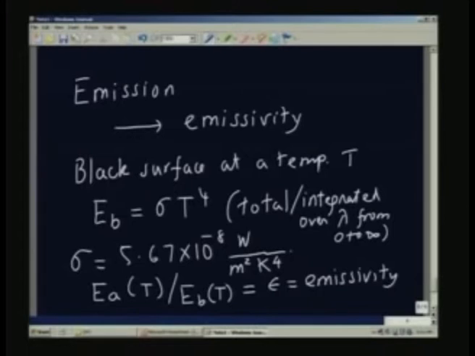Of course, now this definition can be particularized to a particular wavelength also. So, what I have to do is find out how much energy or power is radiated from the actual surface in a small wavelength region and compare it with that from a black body, and the amount radiated by the black body in a certain small wavelength is given by the Planck distribution function.